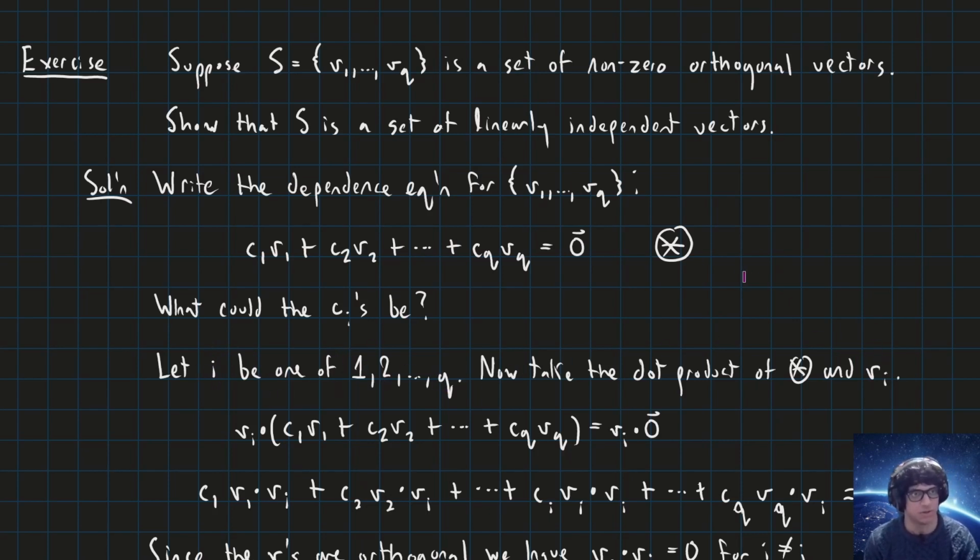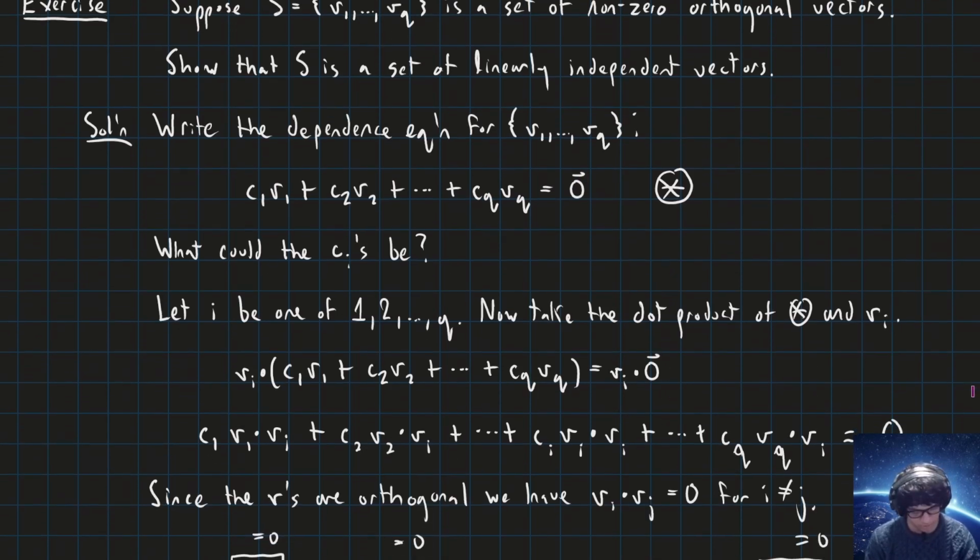So we have a vector equation here, so I'm allowed to take the dot product of both sides, and it'll maintain the equality, right? So I'm going to take vi dot the left-hand side equals vi dot the right-hand side, the 0 vector.